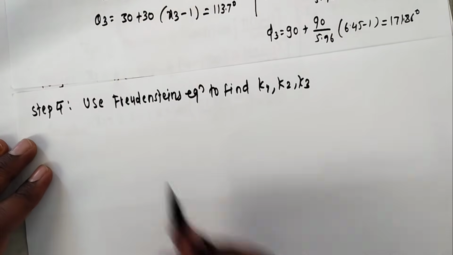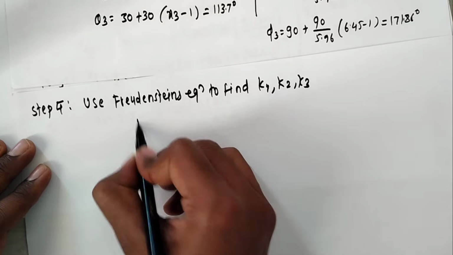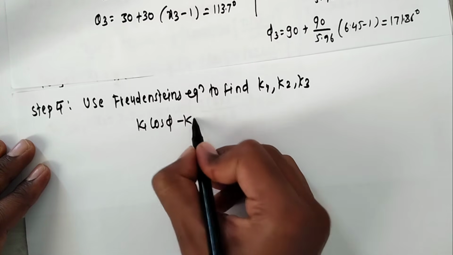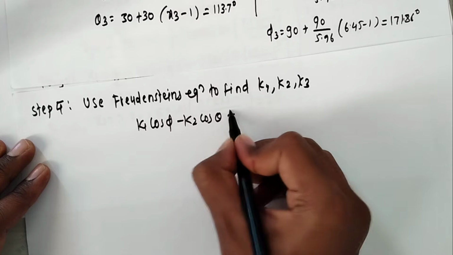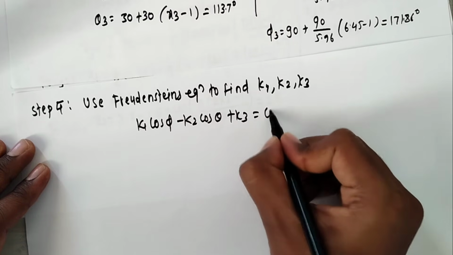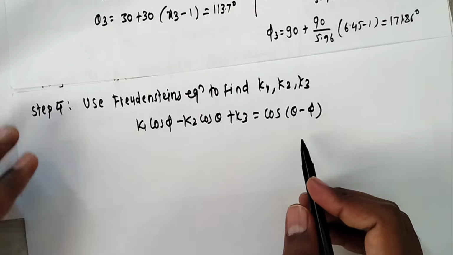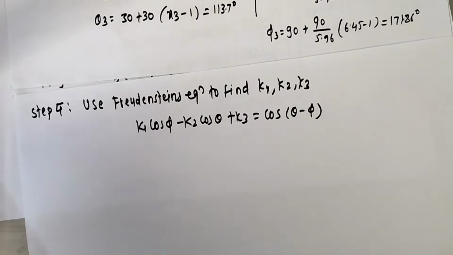So my basic equation is k1 cos phi minus k2 cos theta plus k3 is equal to cos of theta minus phi. Now this equation I have to use for the 3 values of angles which we found. So let's use it for the first position, second and third.